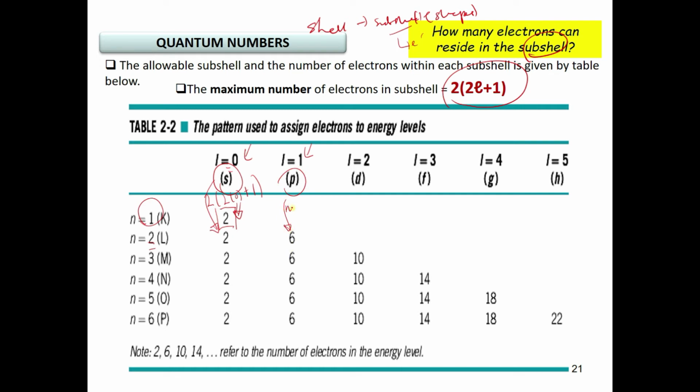Because the number is equal to 2 times (2 times 1 plus 1), so it's 3 times 2, which is equal to 6. As an example, for the principal quantum number of 3, you can find that it also has the clover leaf orbital, so it can locate 10 electrons inside the d orbital for the energy level 3, and so on.